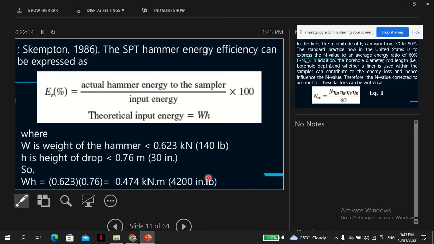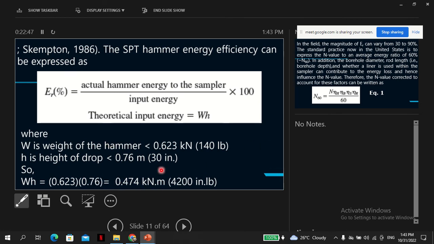You cannot use it that way because there are several things that have to be corrected for. For example, the SPT hammer energy efficiency. We know that the input energy is W times height. So if the 63.5 kg hammer, converted to kilonewtons, times 760, this is the force.